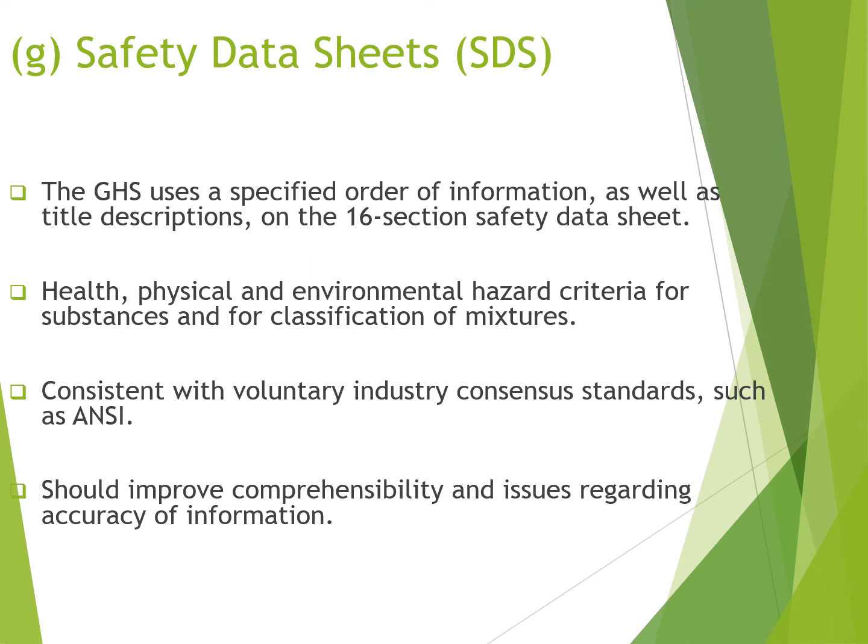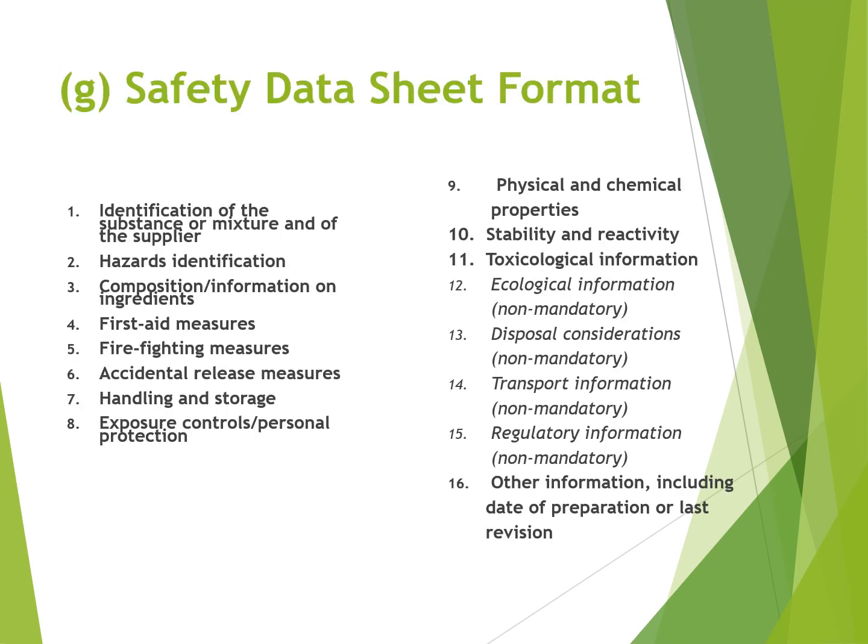Safety data sheets. They've standardized safety data sheets. If you've been around for a long time, you know that they used to have all kinds of stuff in weird places. Now they're pretty much standard. If you get a safety data sheet from Germany, in German, if you can read German, it would have the same information in the same places, which makes it a lot easier to follow a safety data sheet.